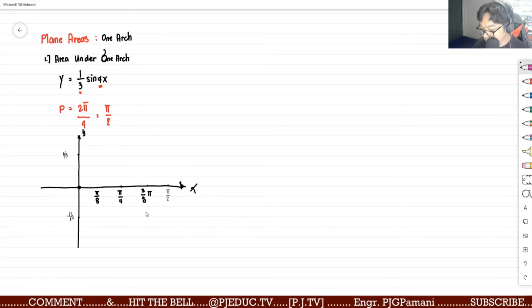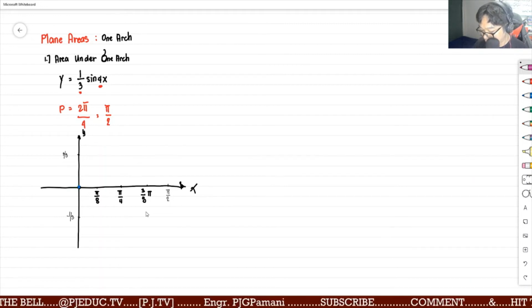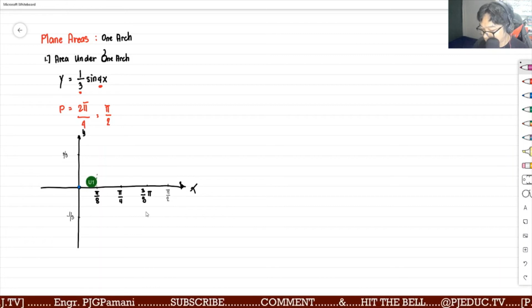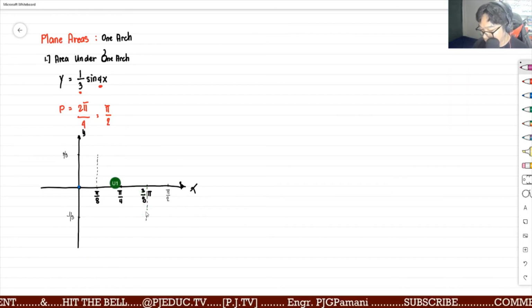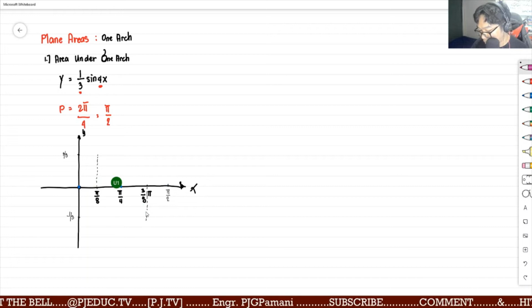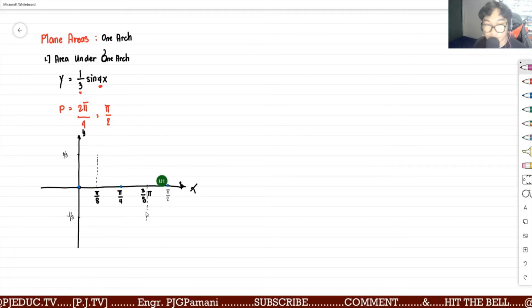Pag sine, always start at the origin. Then, at this point, dito natin makukuha yung location ng maximum. Dito rin makukuha yung location ni minimum. And dito yung point of intersection. And dito magi-end yung ating curve.